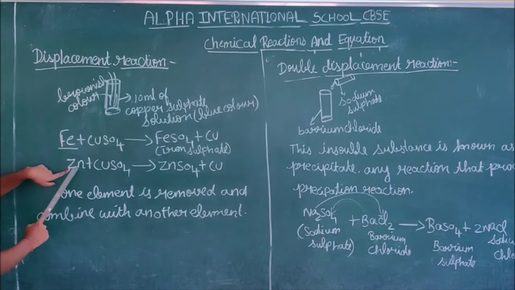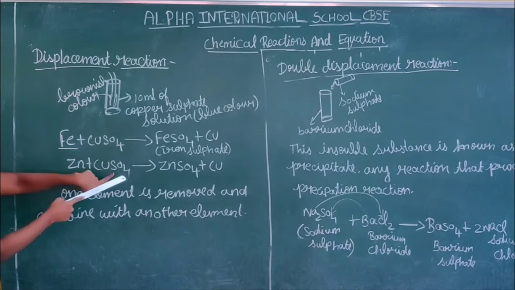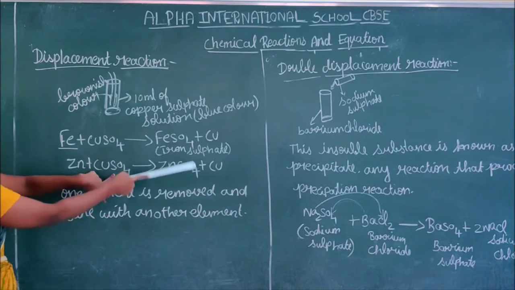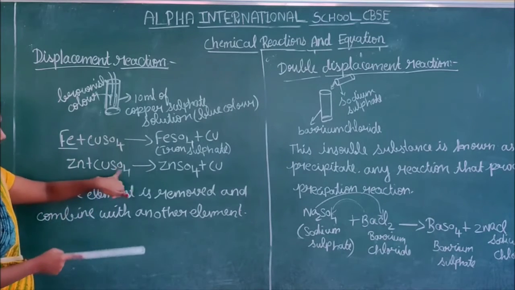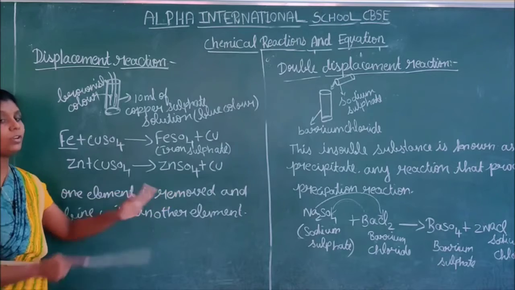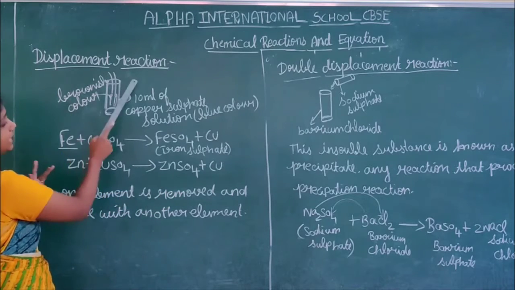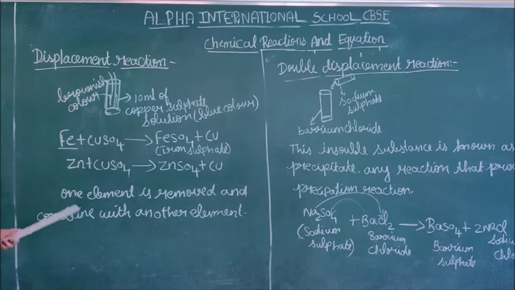Zinc is one element, is combined with sulfate and forms a compound. One element combined with another element and forms a compound, so it is called a displacement reaction. See, one element is removed from this copper sulfate solution and combined with another element. So this is called a displacement reaction.